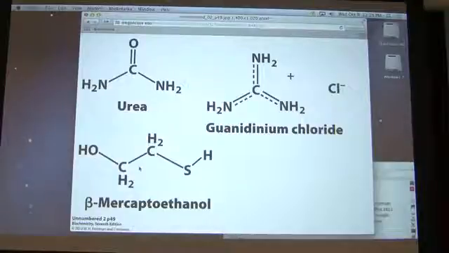So all 3 of those may be critical and may be affected by the addition of urea. Guanidinium chloride is another reagent that interferes with hydrogen bonds and also will act to help denature proteins.